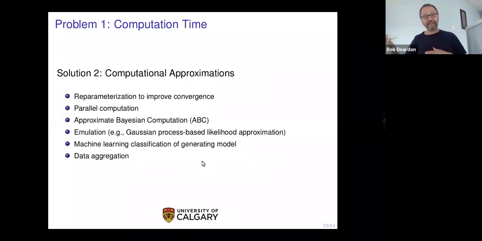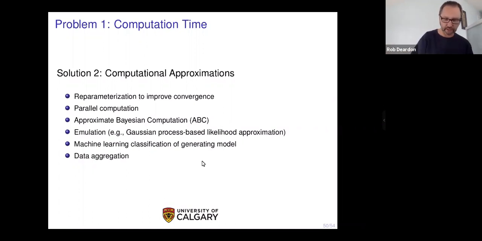The other thing we can think about is doing the computation in a different way, either making it more efficient or using some sort of approximation, usually of the likelihood, that speeds up the computation. A lot of my research is actually based around this side of the analysis. There are a few examples down there. One example that's commonly used is to reparameterize your SIR or your SEIR model.